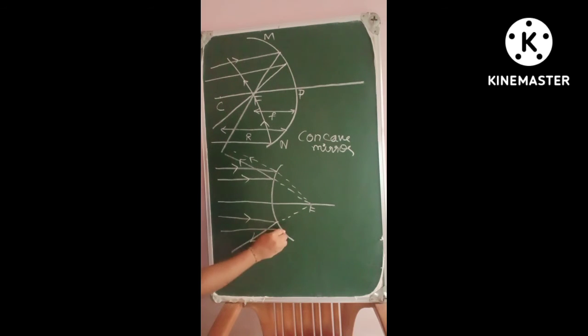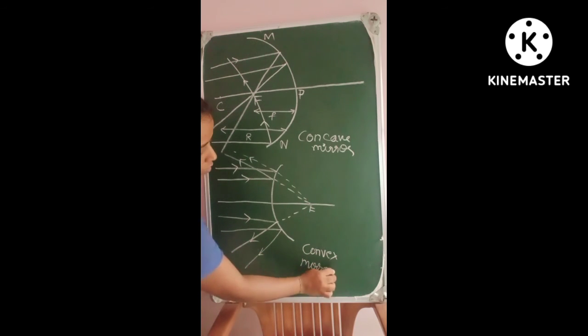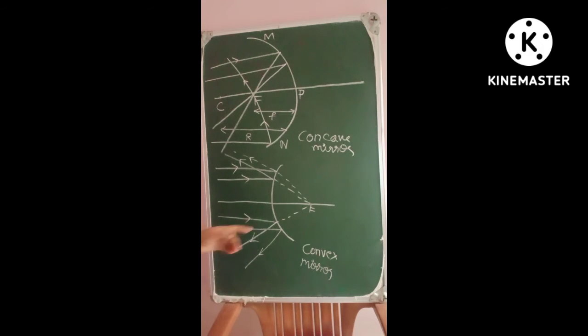This is in case of the convex mirror. Then what is principal focus? It is nothing but the point at which rays of light after reflection appear to converge in case of a concave mirror, or appear to diverge from a point in case of a convex mirror. Such a point is called the principal focus.